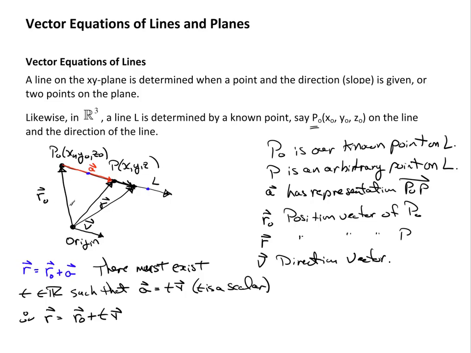For t equal to 0, vector r is equal to r naught, which means I'm at this known point. For t positive, I'm going in the same direction as V. And for t less than 0, my line's simply going in the opposite direction.